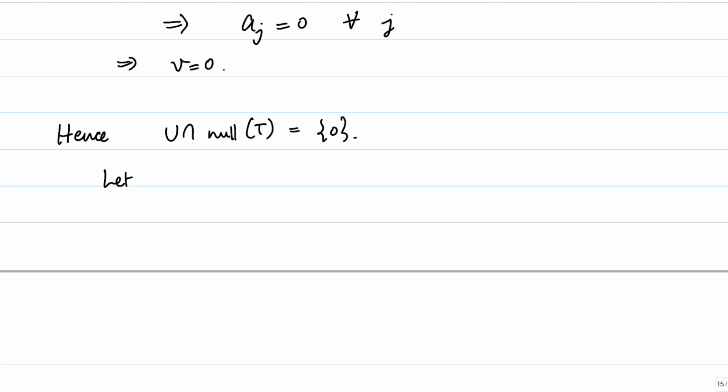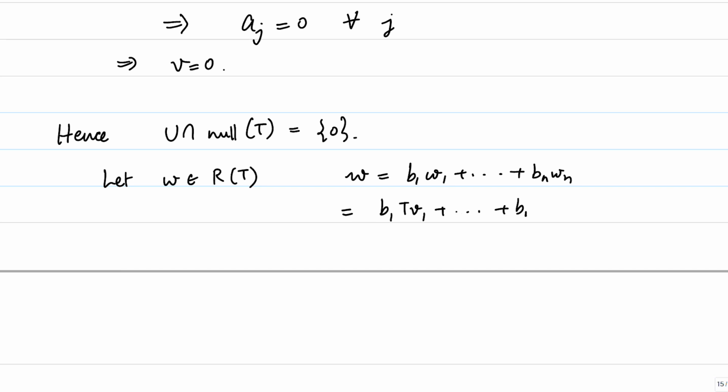So let's take some arbitrary vector w in R of T. We know that w is equal to, we have used a1 already, b1 w1 plus up to bn wn for some scalars b1, b2 up to bn, which is equal to b1 of T v1 plus up to bn of T vn, which is equal to T of b1 v1 plus up to bn vn, which is an element of capital U.